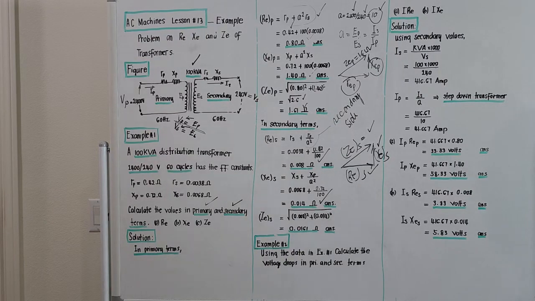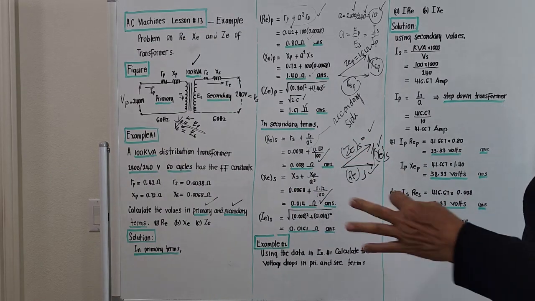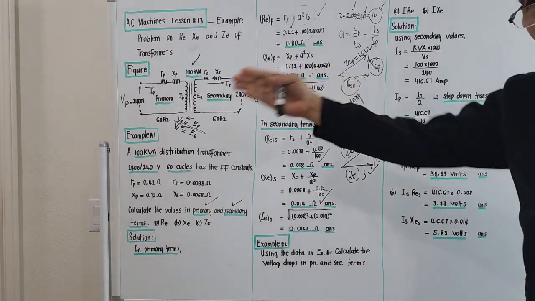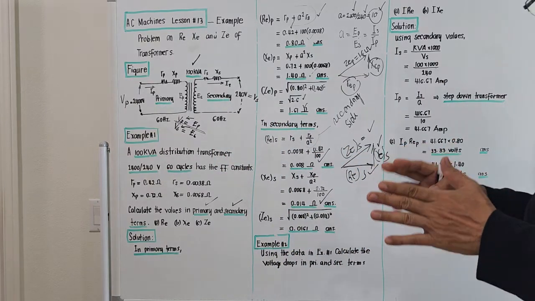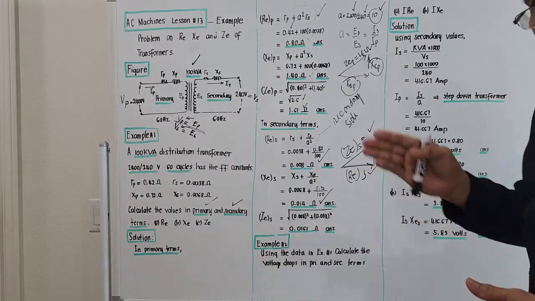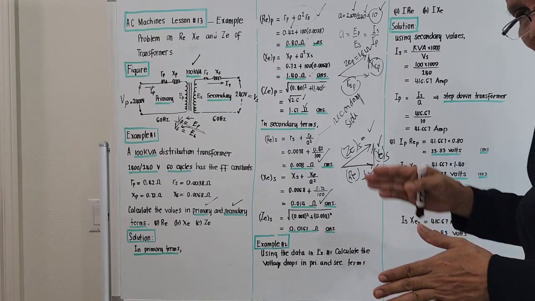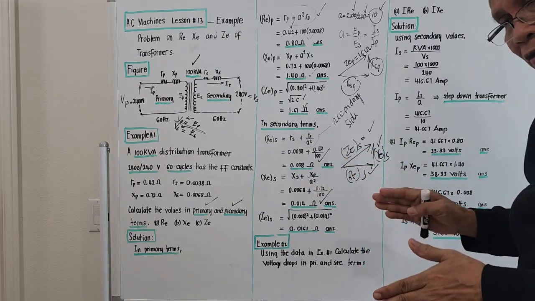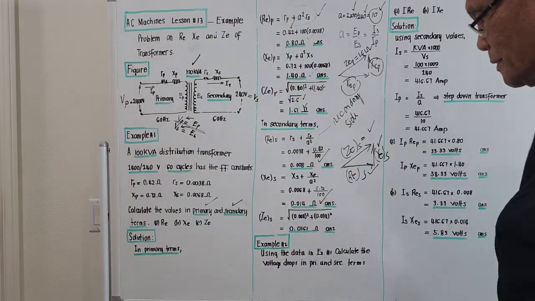Okay, example number 2. At least we now know how to compute equivalent resistance, reactance, and impedance if referred to the primary and secondary. We will be needing these values in problems involving percent regulation. So if the requirement of the problem is percent regulation and you do not know how to compute for R_E, X_E, and Z_E, you've got a problem, right?